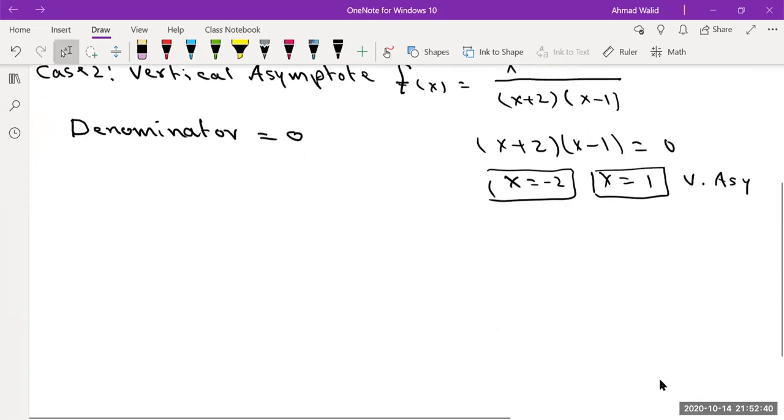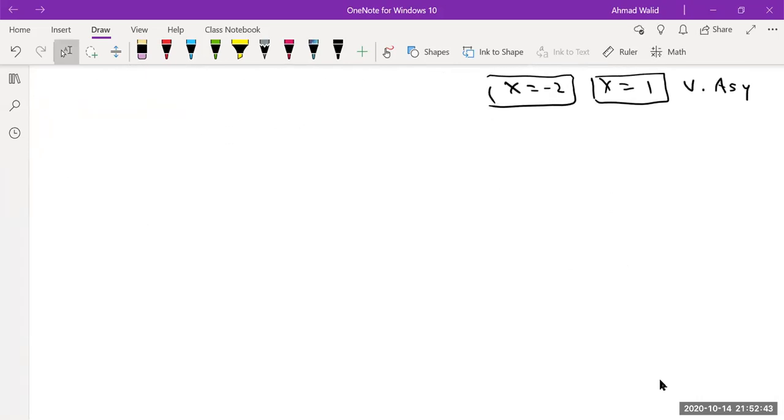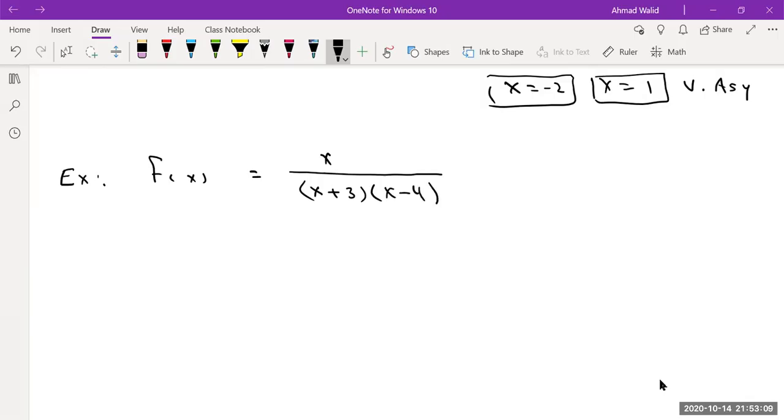Now, let's do an example on these and link it with the limits. Then after that, we jump slowly to finding the horizontal asymptote, correct? But let's do first at least one or two examples on this. Example number 1, f of x equals, for example, x over x plus 3 times x minus 4. If they ask you to find the vertical asymptotes of this function, what you do is set your denominator equal to 0, x plus 3 times x minus 4 equals 0.